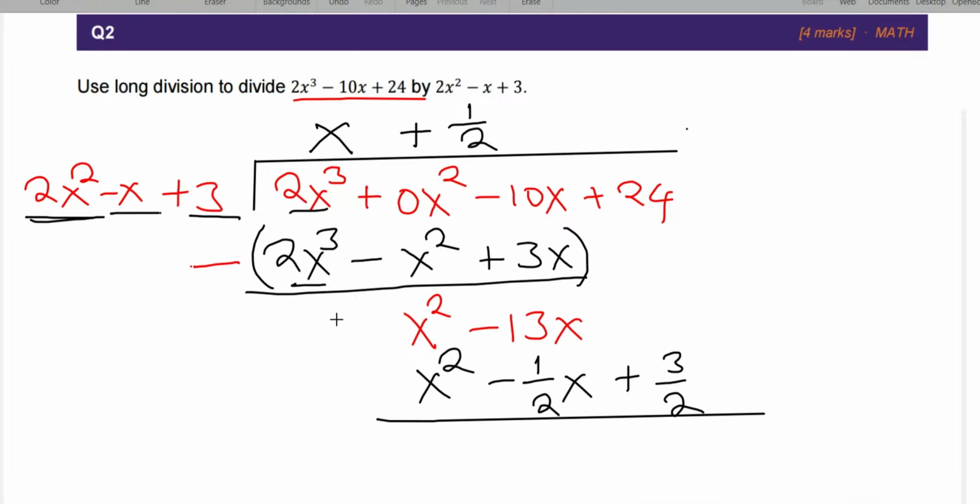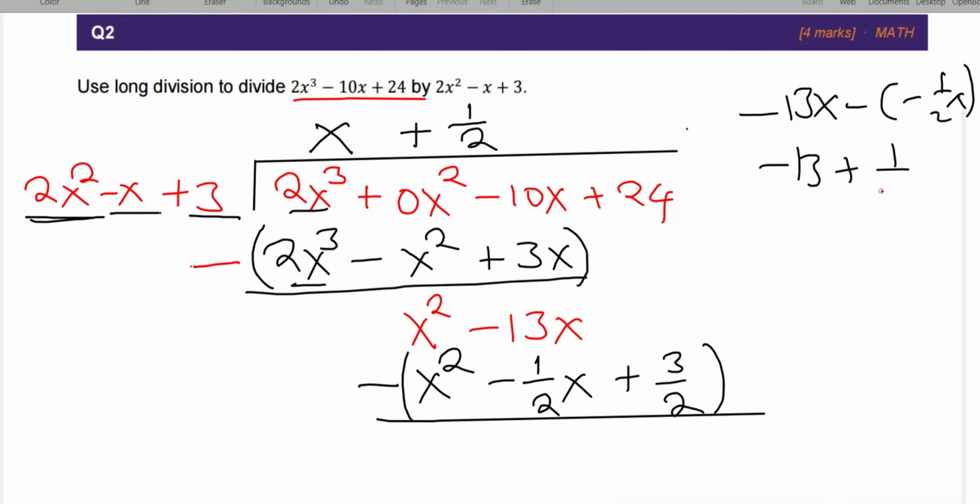So again, we'll subtract. Minus x squared minus x squared would just be 0. Minus 13x, and then minus half x. That is obviously expected to give us a fraction. So we have minus 13 plus half of x.